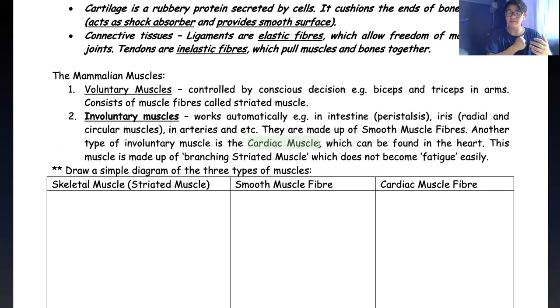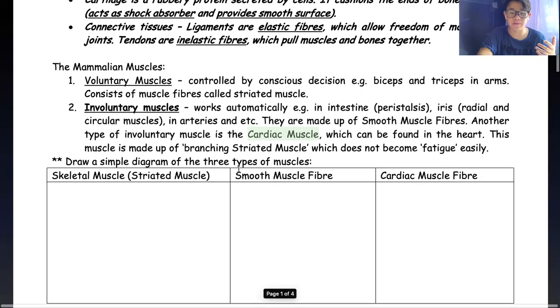If you take your heart out of your chest, literally it can beat on its own, because it consists of a special group of cells. You will have a look at that when you go to A level, actually. So they can beat on their own, and this group of muscles is a type of involuntary muscle.